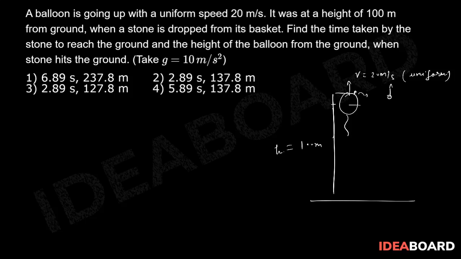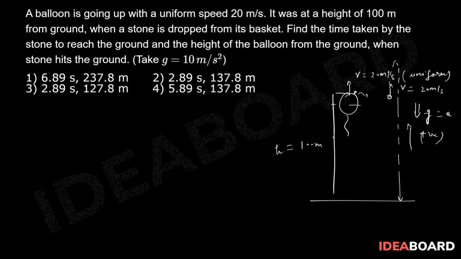Of course the pebble will have the velocity 20 meter per second and gravity will act downwards. So a will be equal to minus g, taking the upward direction as positive. So the pebble will go up and then finally it will come to the ground like this, correct?